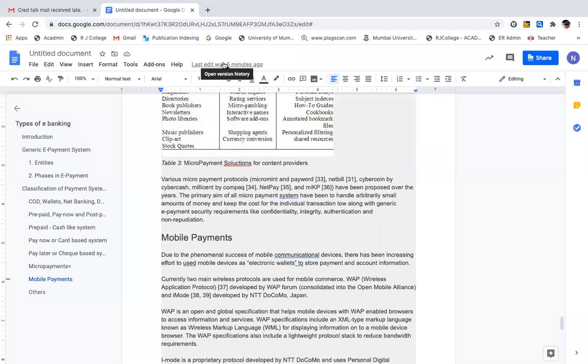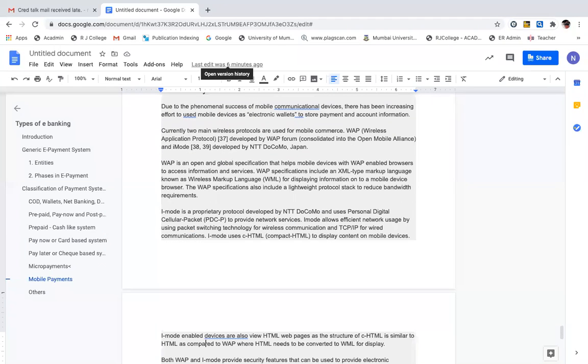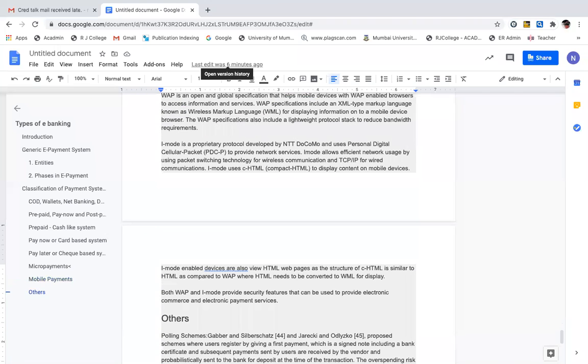With your mobile, the wireless application protocol, a protocol means a process: after this comes this, after that comes this. It is a disciplined process, okay? So this can be done in any open mobile. Now we call this WAP. WAP is a global specification, you can make payments anywhere, and it is all linked to your bank account using your mobile device. If I want to install my bank app, I can install the HDFC Bank app in it and then make payments.